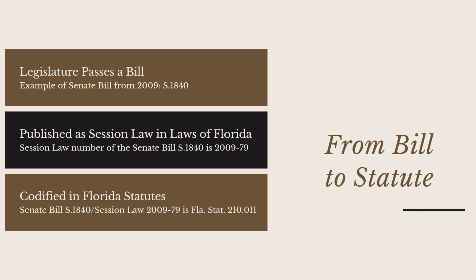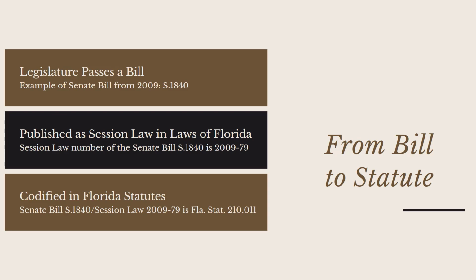In order to do this research, we need 3 different numbers, and those 3 numbers are produced when it travels from bill to statute. First, the legislature passes a bill, and the entire time that it's traveling through that process, it has a bill number. So in this case, in 2009, there was a bill number from the Senate, 1840.